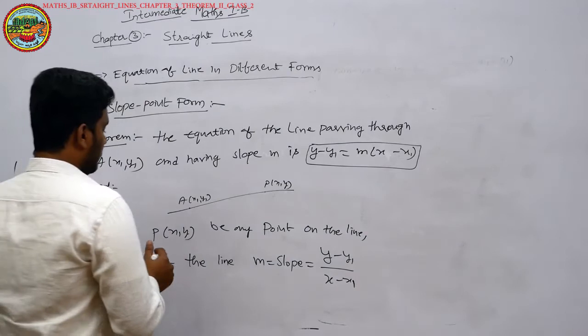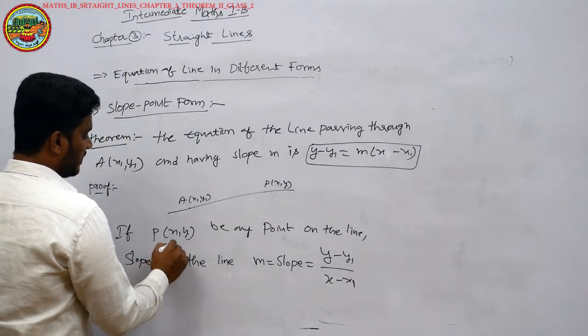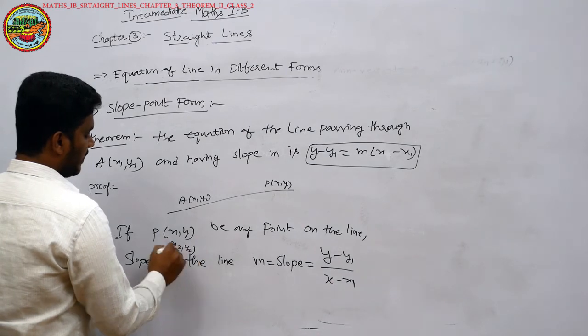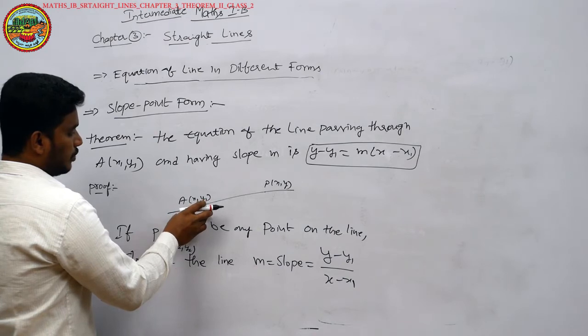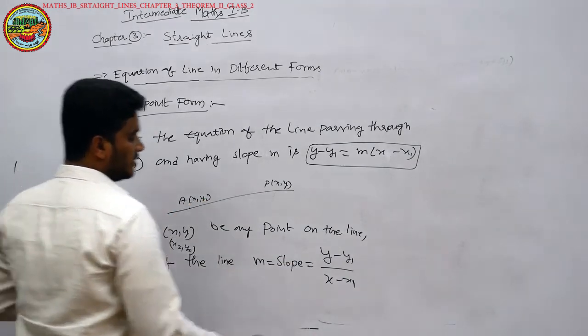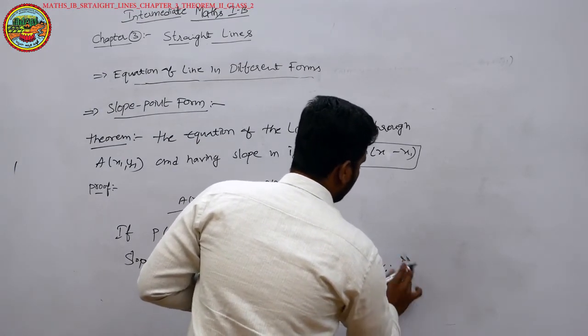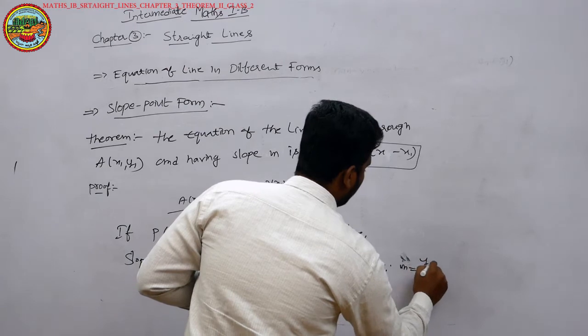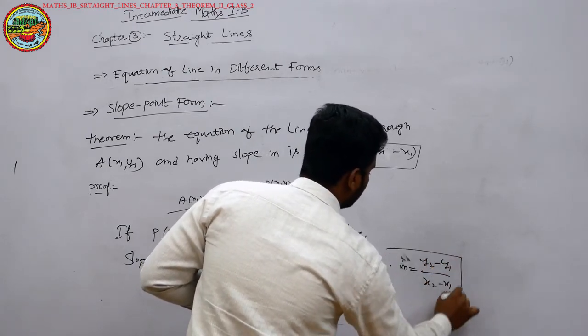Taking the point as x2 comma y2 and the point x1 comma y1, by the two-point slope form m is equal to y2 minus y1 by x2 minus x1.